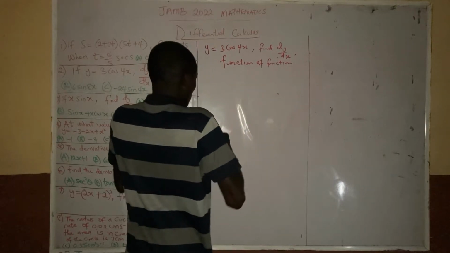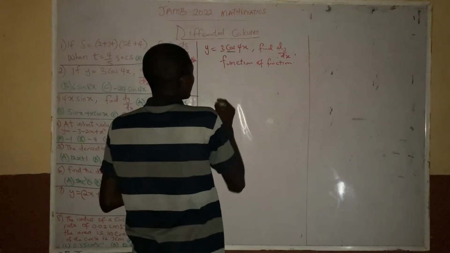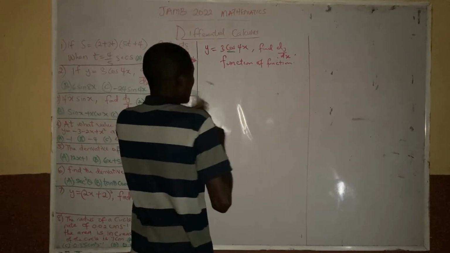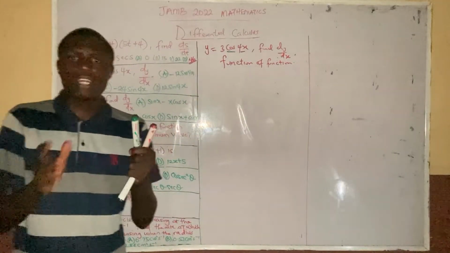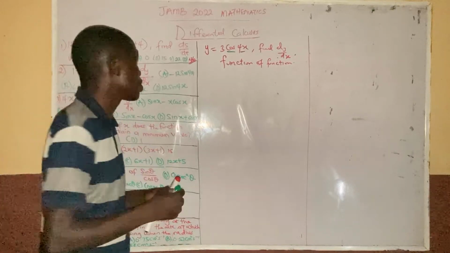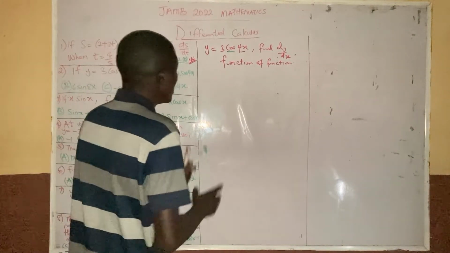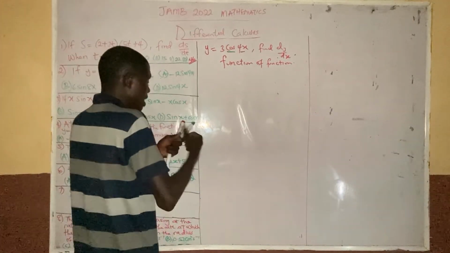It has the cos function and the power function. How do you do function of function? What you just need to do is break it down and simplify it.